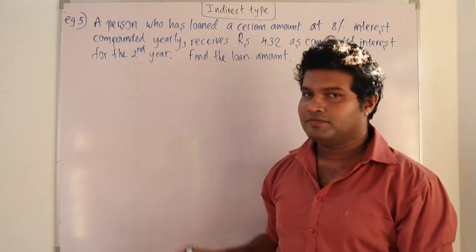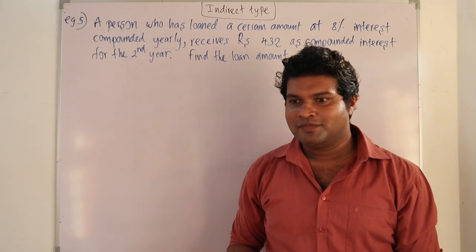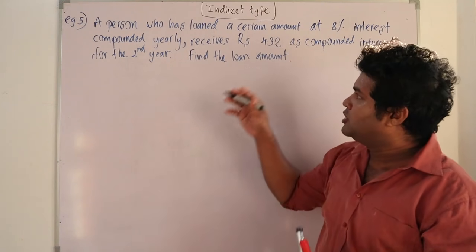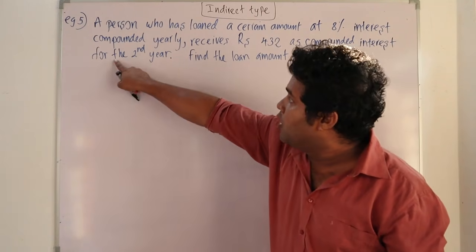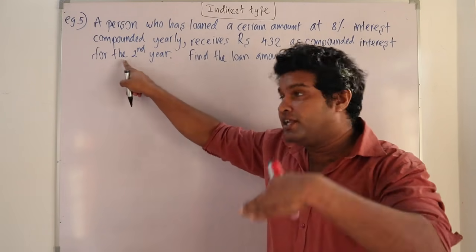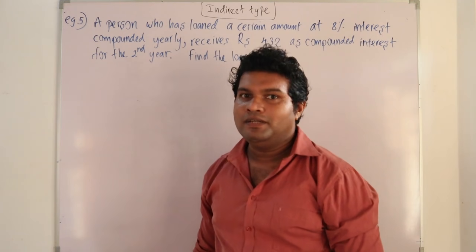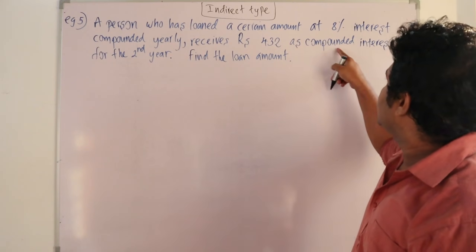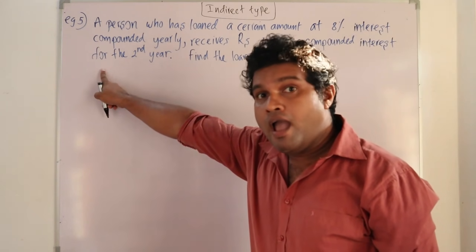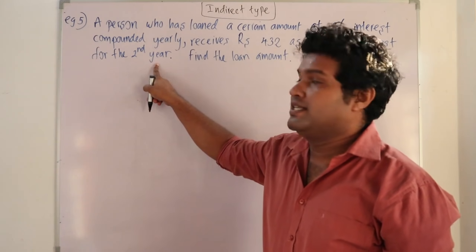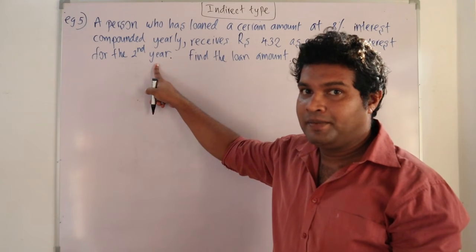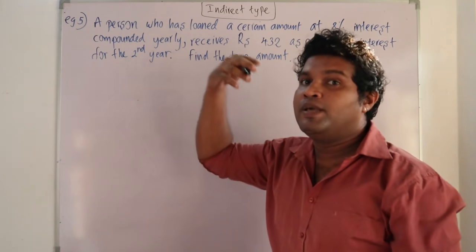What do you mean by this? Suppose this interest 432 should have been calculated considering the second year, except the first year. But in the previous question, the compound interest was at the end of 2 years, which should be the total interest.